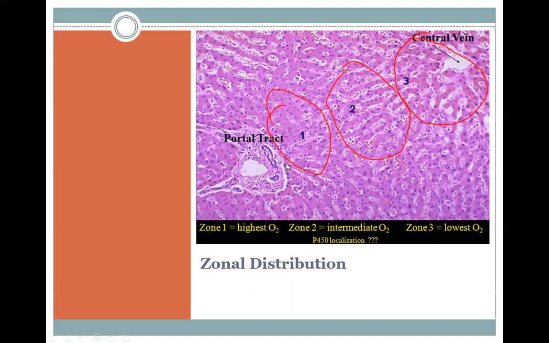Now, the first layer of cells that separates the hepatic lobule from the portal tract is what you call the limiting plate. So in reality, there is no such thing as a limiting plate. It is a theoretical division.